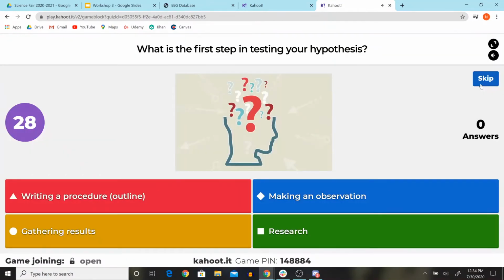This is the first step in testing your hypothesis. Hopefully you guys are paying attention to the slides, because this answer was in there.